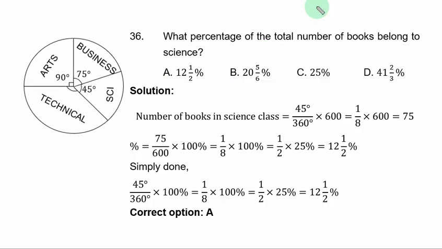Question 36. What percentage of the total number of books belong to science? Solution. You can do that in two ways. The first approach is to get the number of books in science class, divide it by total books, and multiply by 100%.